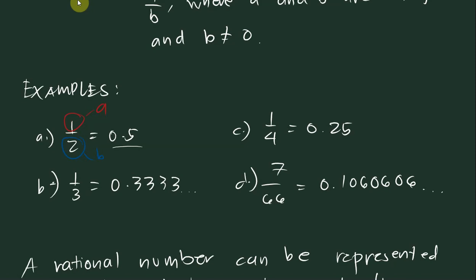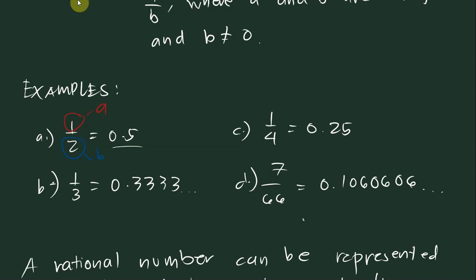We have a finite number of decimal places. And for the last example, a is equal to 7 and b is equal to 66. This is equal to 0.10606. So the 06 block is repeated here.